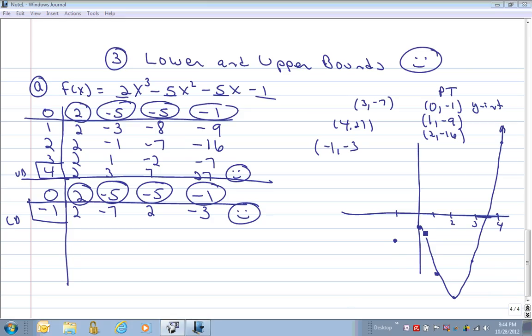I guess we could have a multiplicity of some value between 0 and negative 1 where it touches the axis and comes back down, or the graph just comes up and then makes this curve back down this way, and that would be because there's two complex imaginary solutions. We'd have to investigate a little bit more to tell that. All right, let's go on to B.